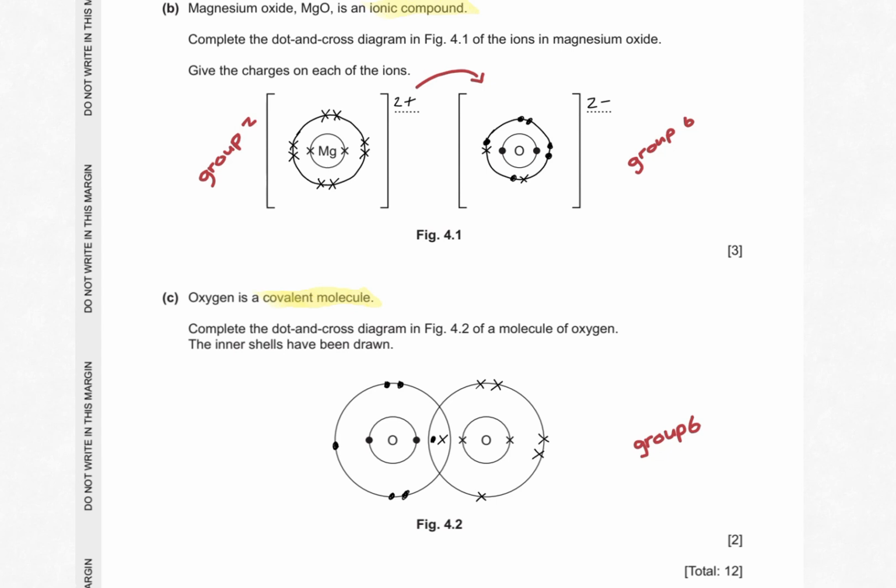The problem here now is that each oxygen atom doesn't have 8 electrons in its outer shell. It has 7, which means something needs to change. And the only way I can change the covalent bond is by making it a double bond.